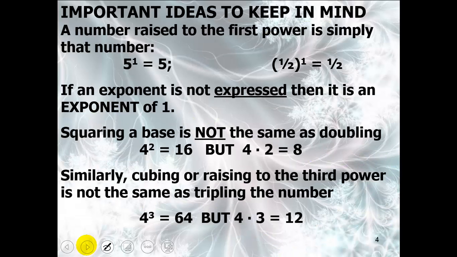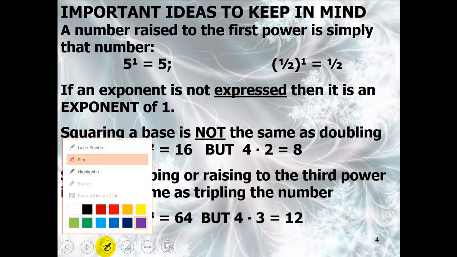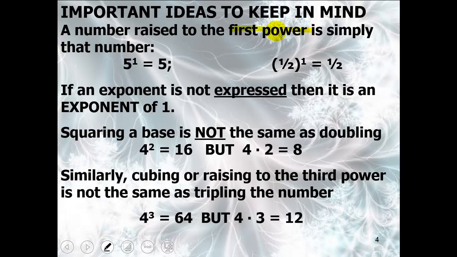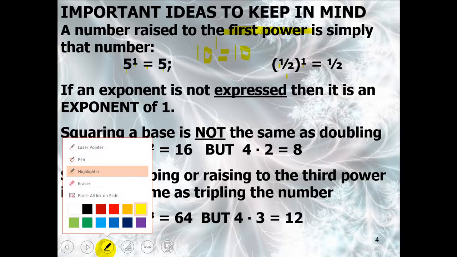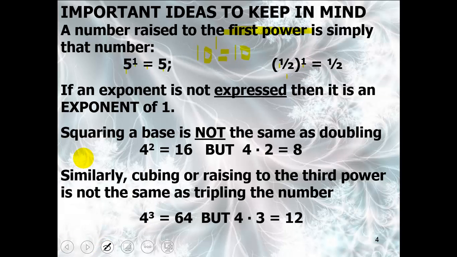Some important ideas to keep in mind. If you have a number raised to the first power, it is simply that number. So 5 to the first is just equal to 5. 1/2 to the first is just equal to a half. 10 to the first is equal to 10. -3 to the first is equal to -3. Notice how I put parentheses around that.